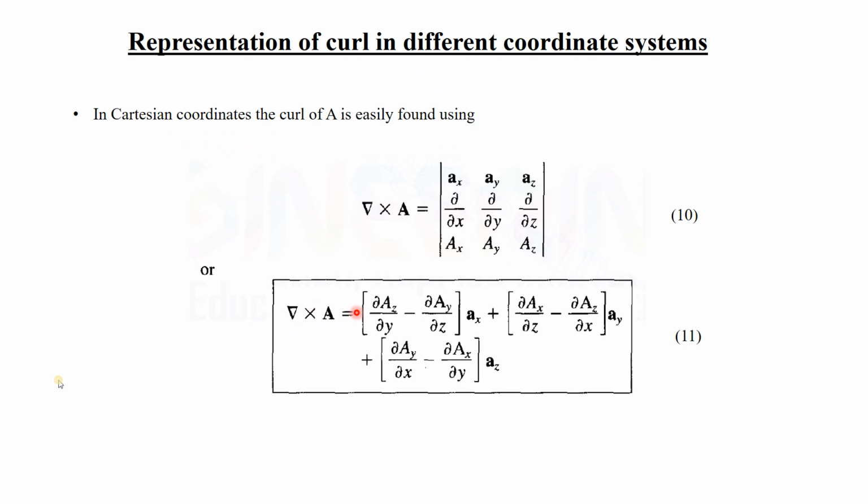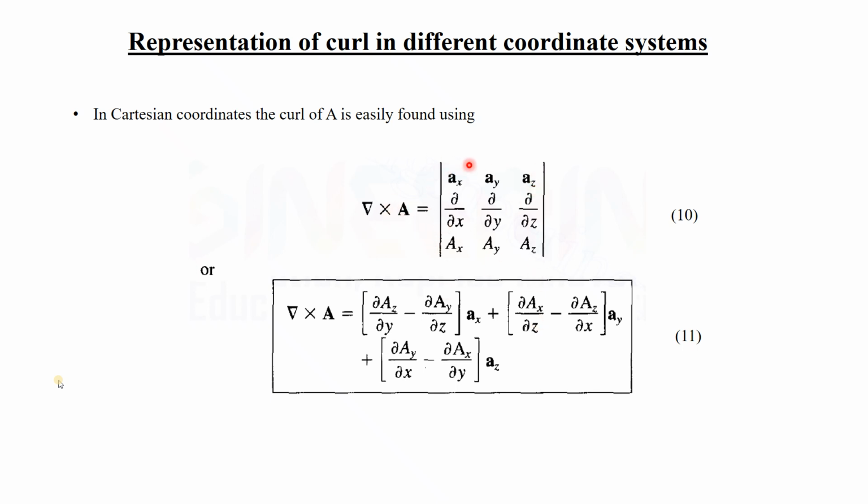Now suppose we are determining the equation of the curl of a vector A in the Cartesian coordinate system. Then del operator will be in Cartesian coordinates and vector A is also in Cartesian coordinates. Del operator we all know how it is represented, and A is Ax unit vector x plus Ay unit vector y plus Az unit vector z.